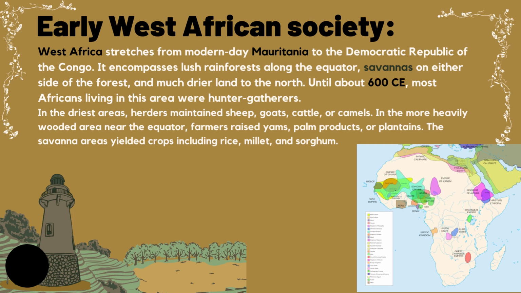In the driest areas, herders maintained sheep, goats, cattle, or camels. In the more heavily wooded area near the equator, farmers raised yams, palm products, and plantains. The savanna areas yielded crops including rice, millet, and sorghum.